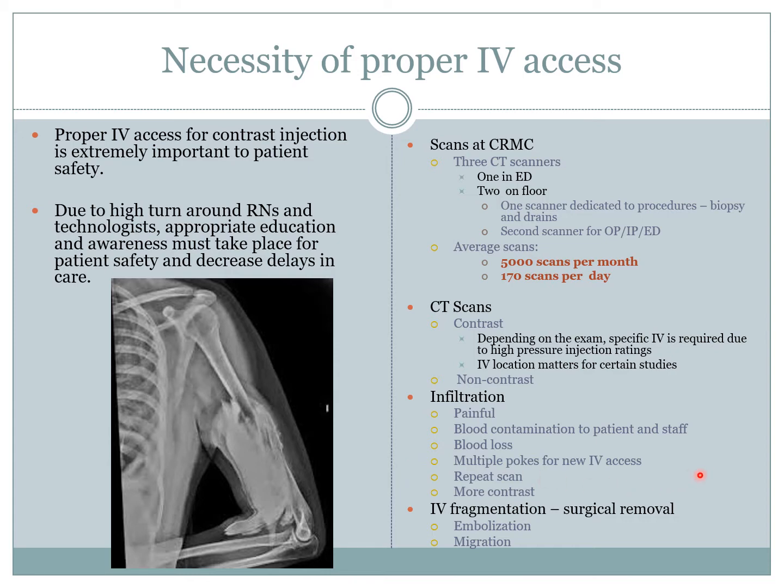Blood contamination to patient and staff, because if it's infiltrated, taking the IV out, the catheter can have blood, and if it's an emergent thing and it just gets everywhere, then we can have blood contamination. Blood loss, multiple pokes for new IV access. No one likes to get poked, so it's just a matter of getting the right one when we know we need it.